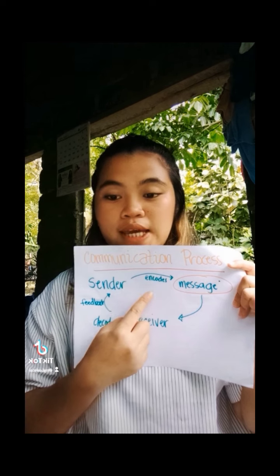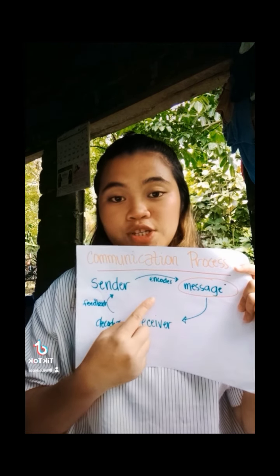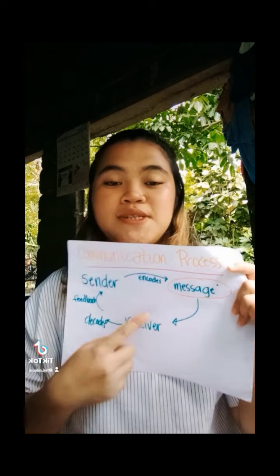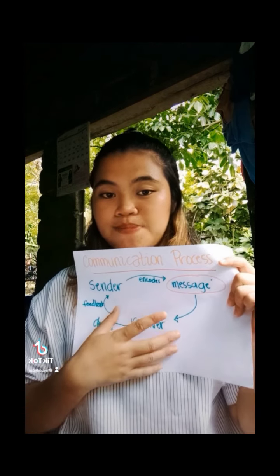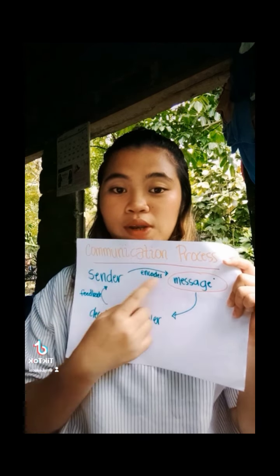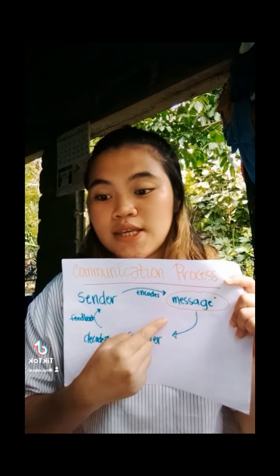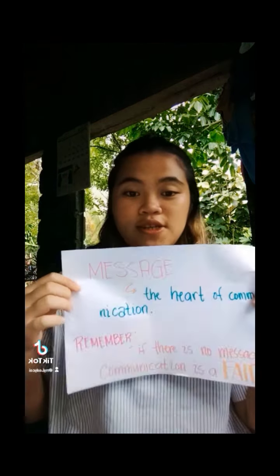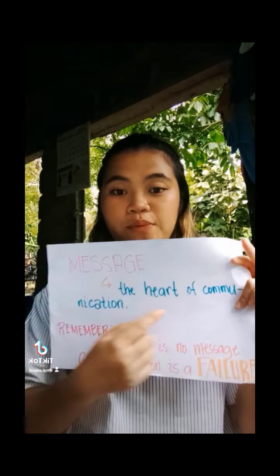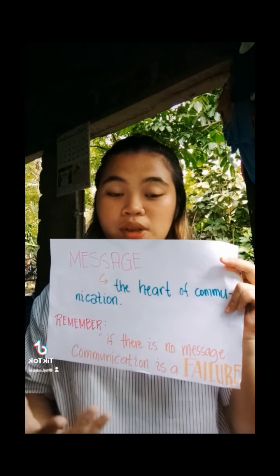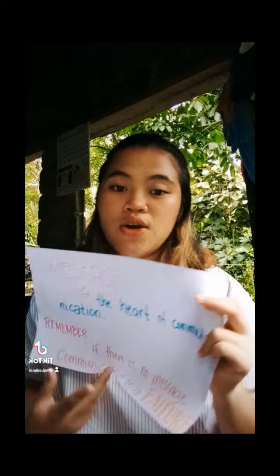Encoding means translating information into symbols that represent ideas or concepts. Encoding the message plays an important role in the communication process because message is the heart of communication. Remember that if there is no message, communication is a failure.